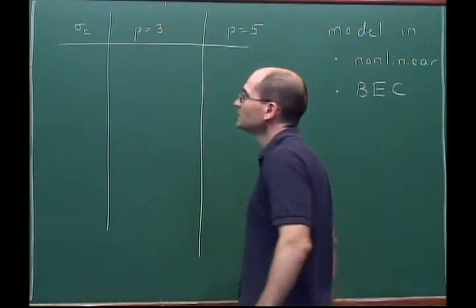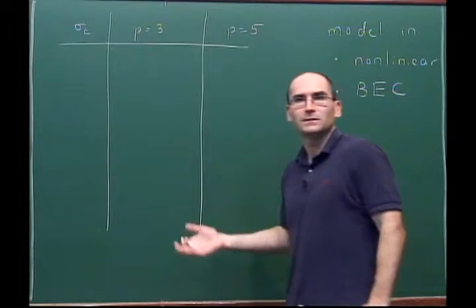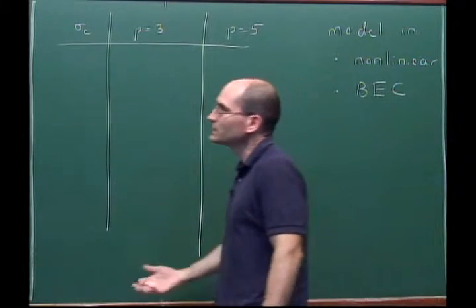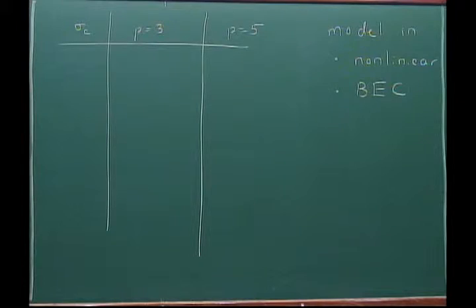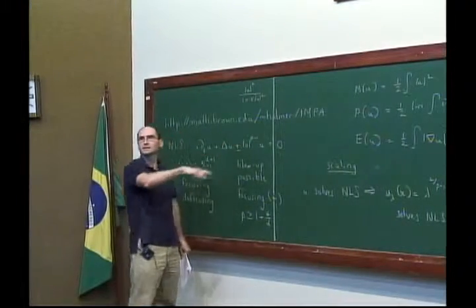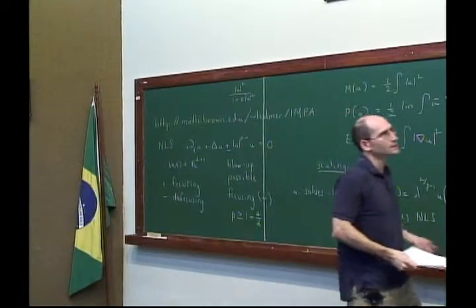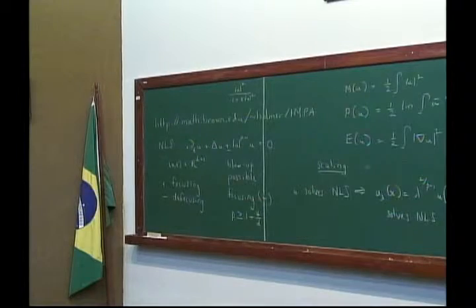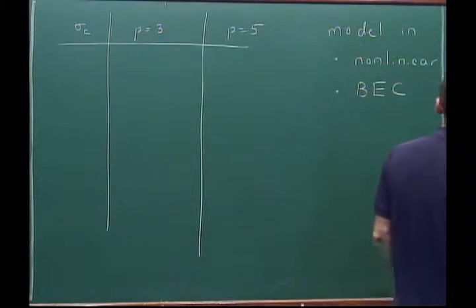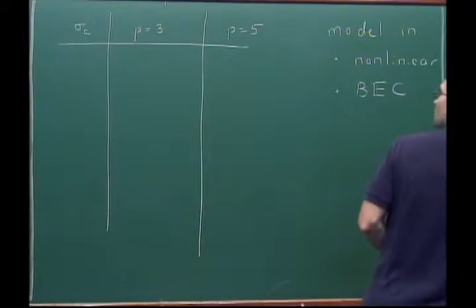Because 5 can be thought of as a correction to 3. Like you can have u squared u, but then add a u to the 4 u as a next order correction term. In fact, the optics model is derived just by Taylor expansion. That's where the cubic term comes from.